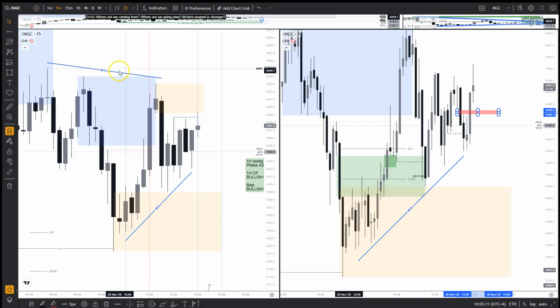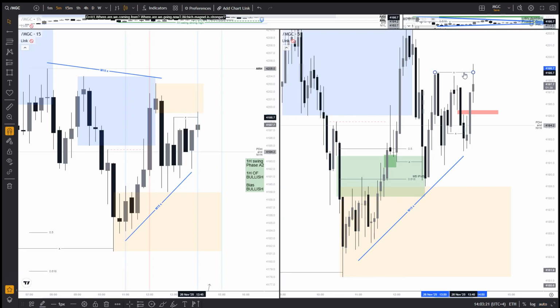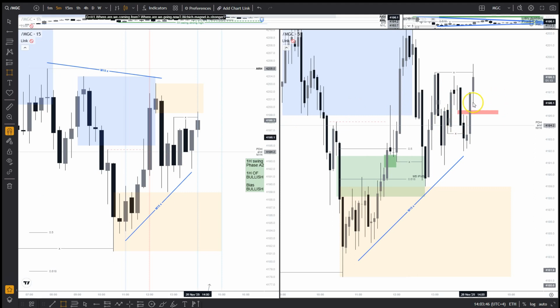So liquidity sweep on the left. Okay, this is a potential liquidity sweep. We have 1 minute 35 seconds left, and we have an M5 fair value gap being printed. So it will look like that.